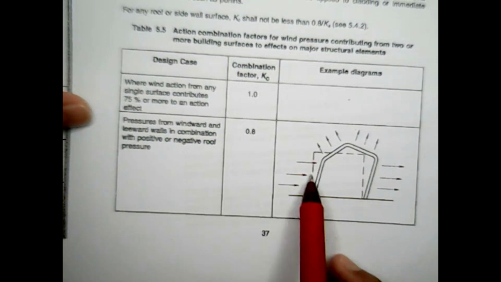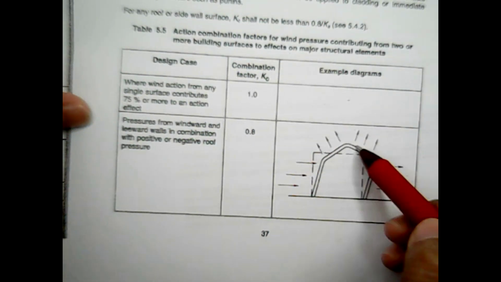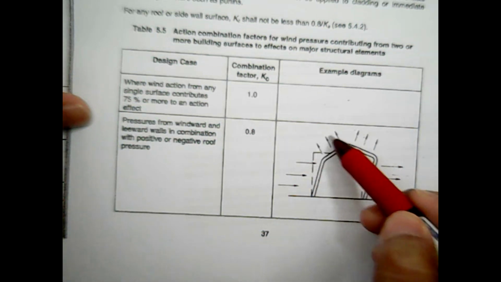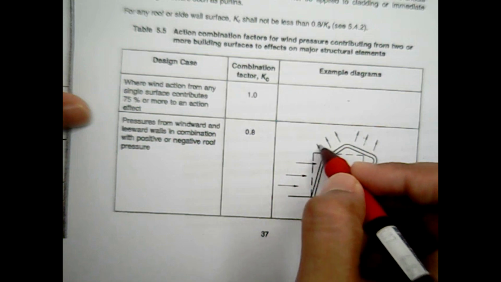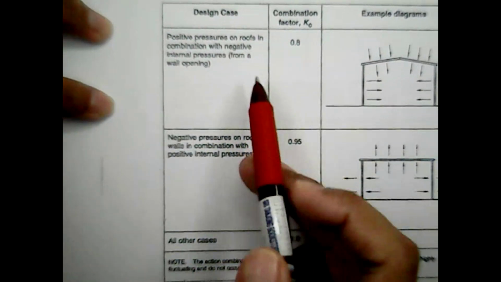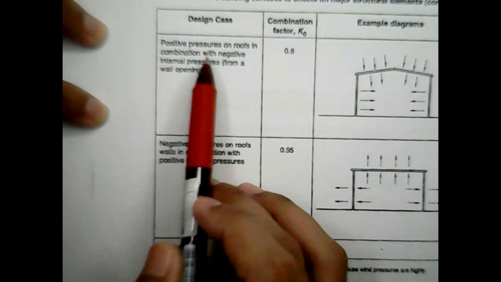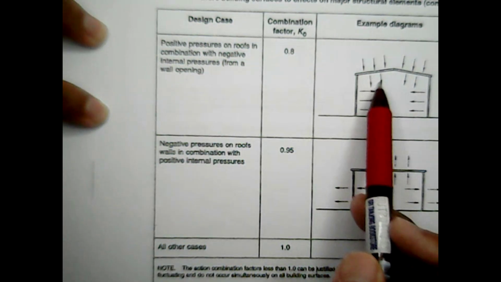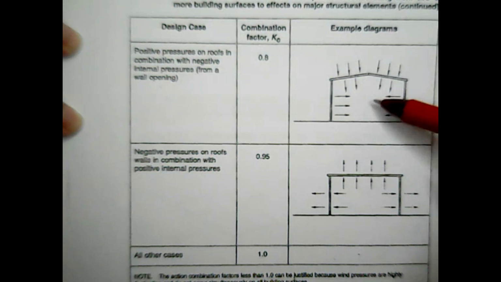So meaning that if you have a windward and leeward, and then you also contribute from the positive and negative pressure, which means you are considering the upside wind and downside wind. And for this, it is positive pressure on roof in combination with negative internal pressure. So meaning that you have a slope, and then you have the positive and negative pressure.